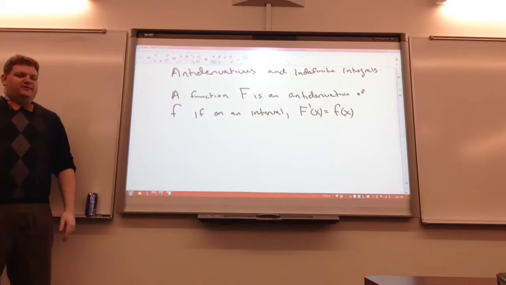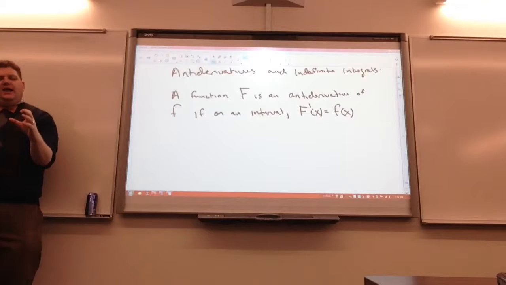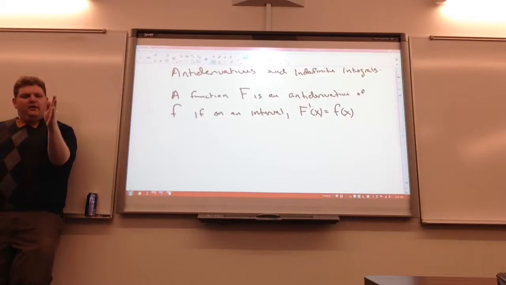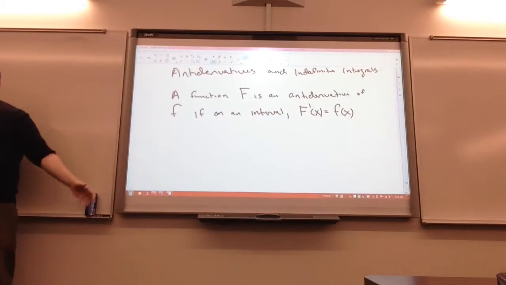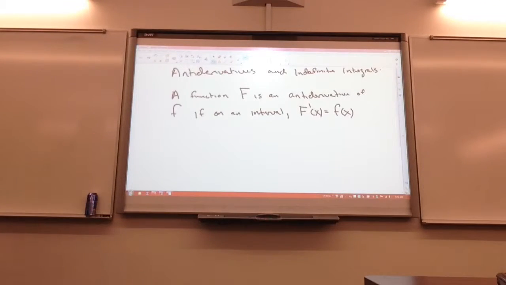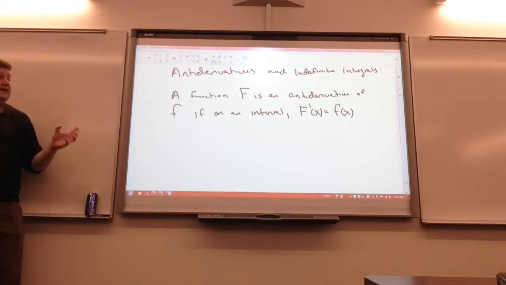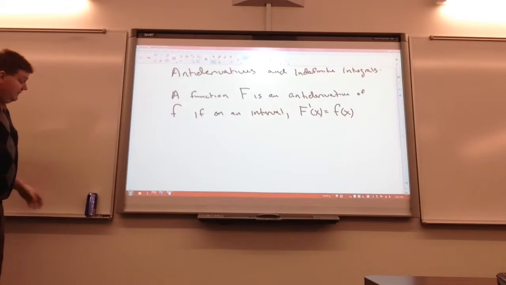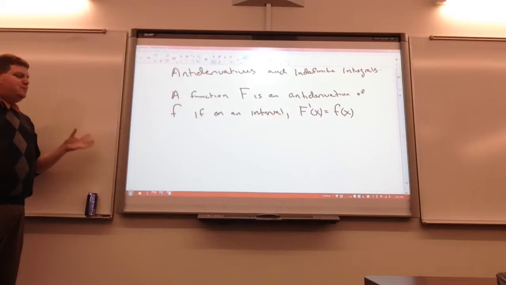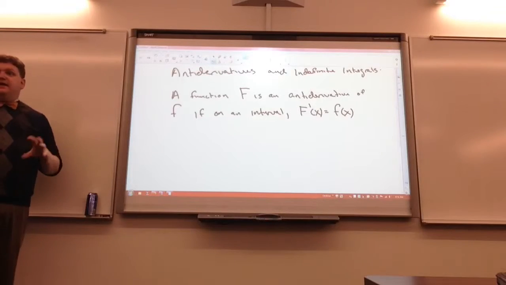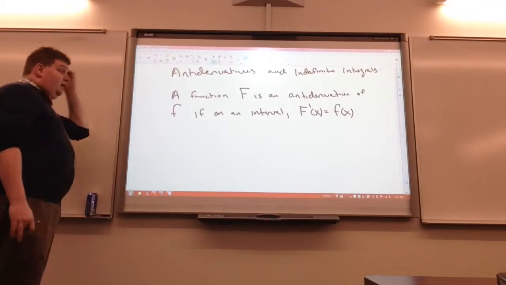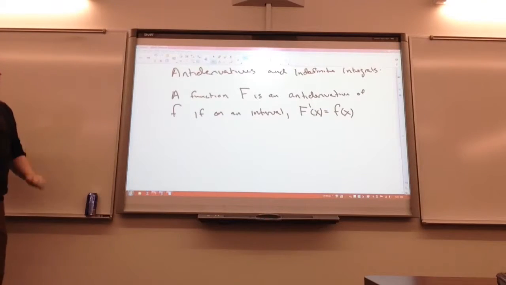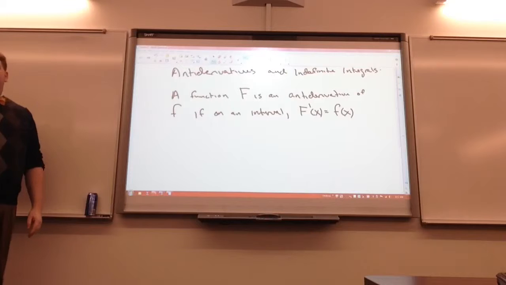At the end of the day, you say to yourself, the function I have is the derivative of some other function. What is that other function? If you think of it that way, you're going to have a much easier time. A lot of times when people have trouble, they lose sight of that. They get caught up in the rules, and then disaster strikes. But really, this is what we mean by an antiderivative. Any questions there?